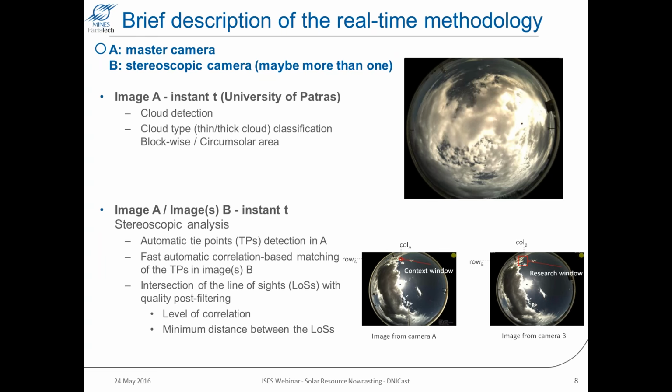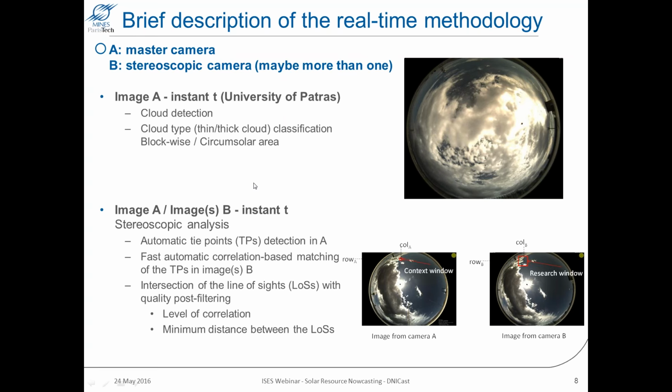For the moment, I consider camera A as a master camera and camera B a stereoscopic camera with a distance of 600 meters, but in the methodology you can have more than one camera as B. From the image A at the instant T, thanks to the work of the University of Patras in the DNICast project, we have applied the algorithm to do the cloud detection, so to detect in these images the clear sky pixels and the cloudy pixels, and in addition to have the cloud type, thin or thick cloud, and a classification of the type of the clouds, including the circumsolar area near the position of the sun at each time, in real time.